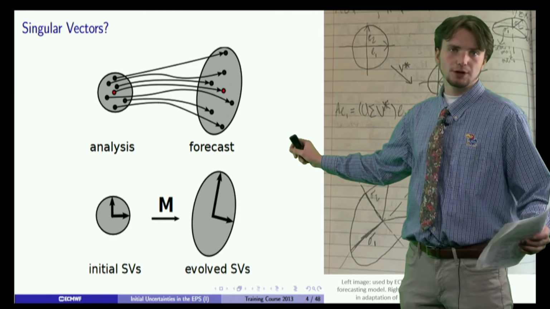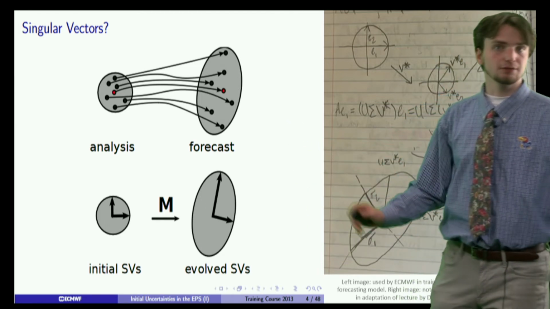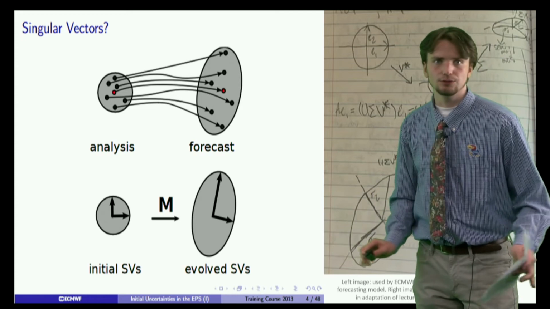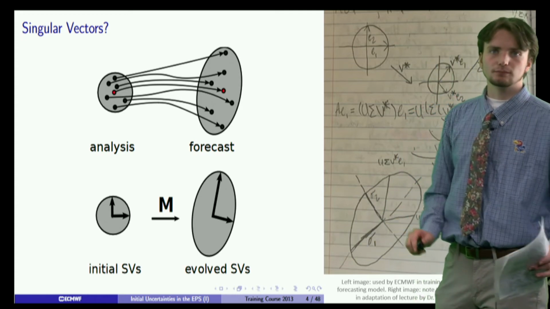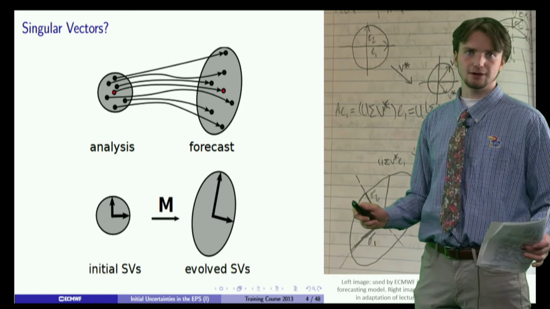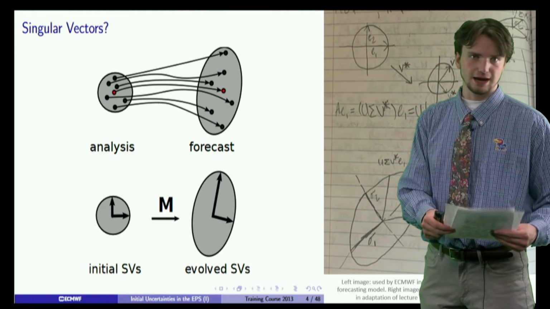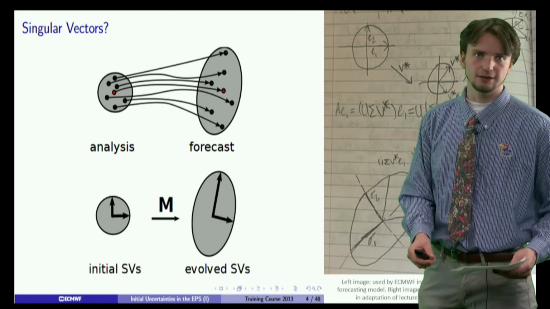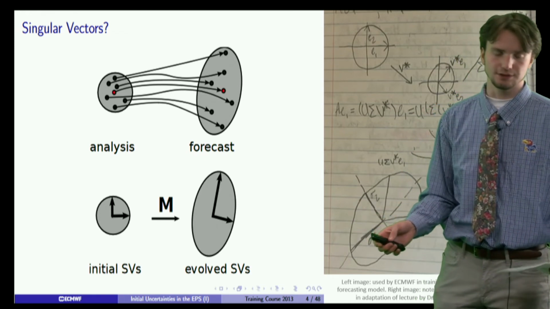So essentially what we want to do with those SVDs, or those singular vectors, is to reduce the forecast error. And that's exactly the goal of the EPS and ensemble forecast systems in general.